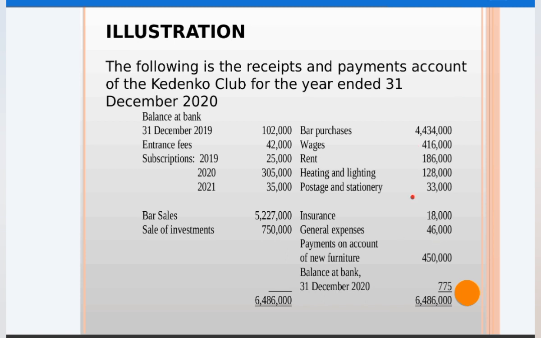For the purchases of the bar, 4,434,000, the wages 416,000, the rent 186,000, heating and lighting 128,000, postage and stationery 33,000, insurance 18,000, general expenses 46,000, payments of furniture 450,000. Then we have the balance of 775,000 in the bank.